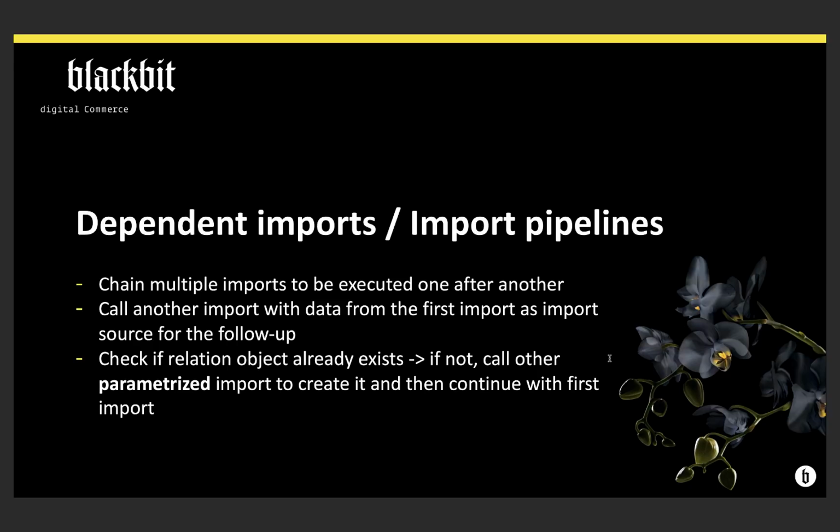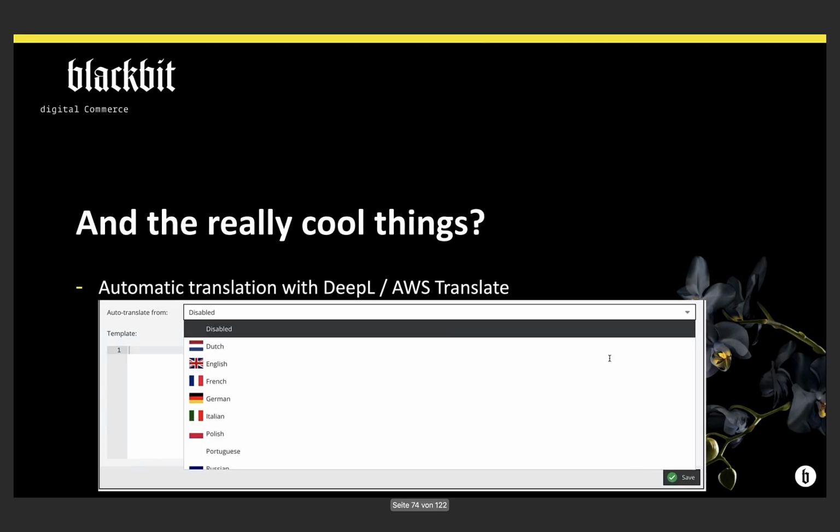But of course, this only is useful if you use a URL, for example, where you can really request the data for one manufacturer. When you use the CSV file, of course, it would not make sense because there you cannot request only the data for one manufacturer.